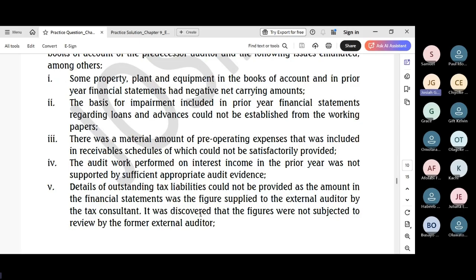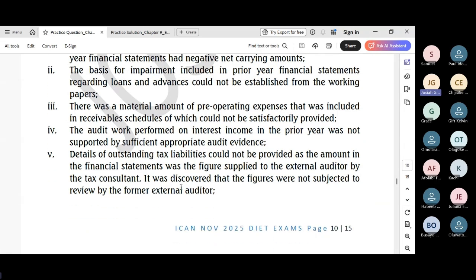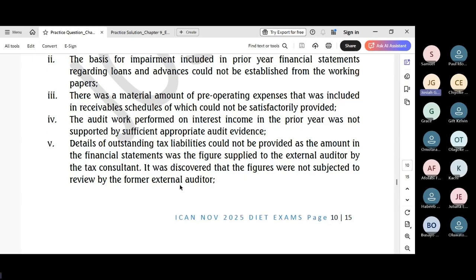Number 1, some PPE in the books of account and in the prior year financial statements had negative carrying amounts. Number 2, the basis of impairment included in the prior year financial statements regarding loans and advances could not be established from the working papers. Number 3, there was a material amount of pre-operating expenses included in the receivables schedule, which could not be satisfactorily explained.